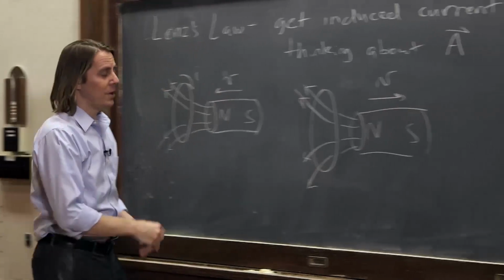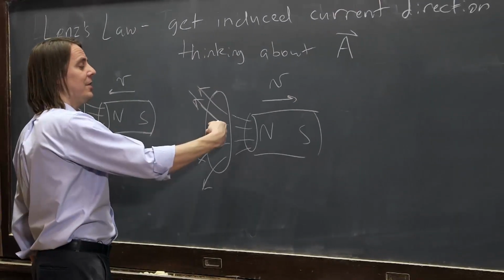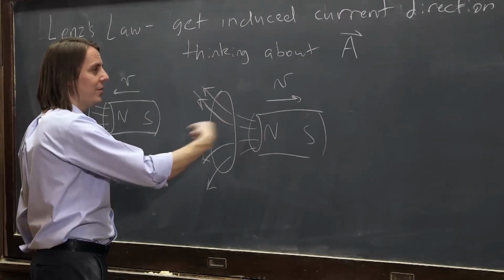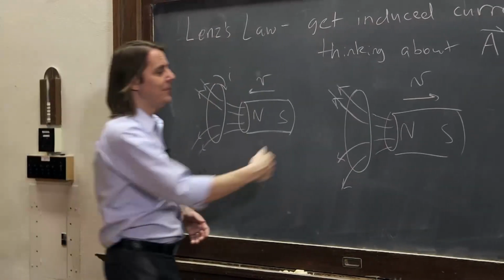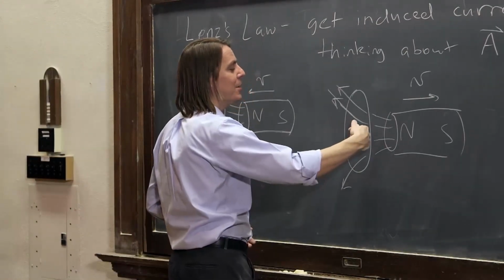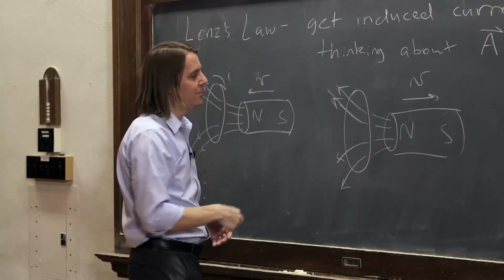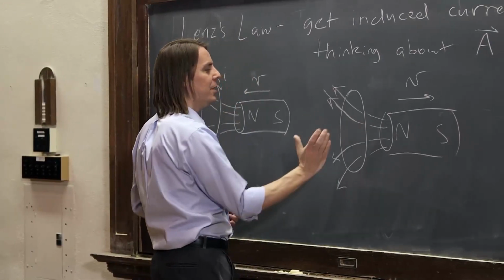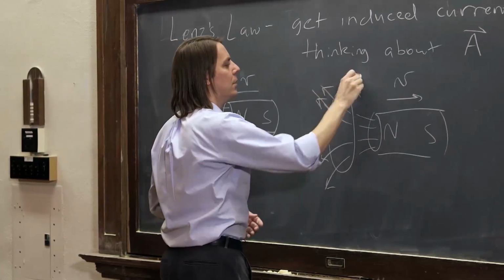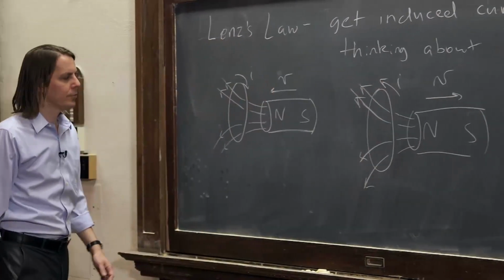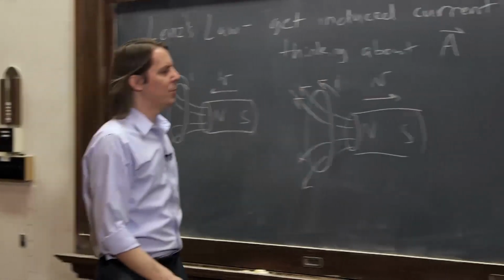So we have a B field pointing this way, but it's getting smaller. And Lenz's law says you want to oppose the change. If the B field this way is getting smaller, you want to make a B field this way. You oppose the change in the B field. So if you want to make a B field this way, the right-hand rule says you go around that way. So now the current goes that way. There you go.